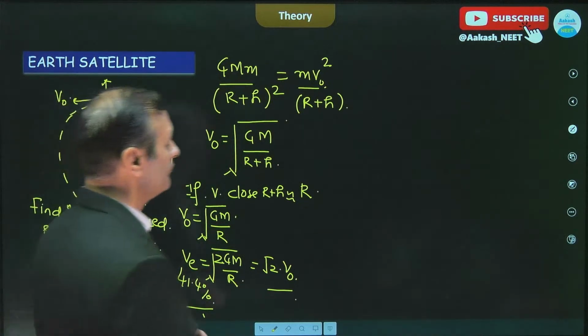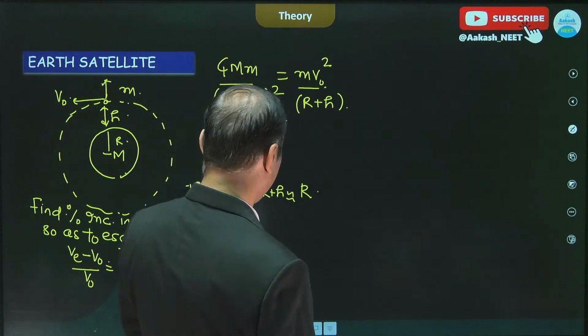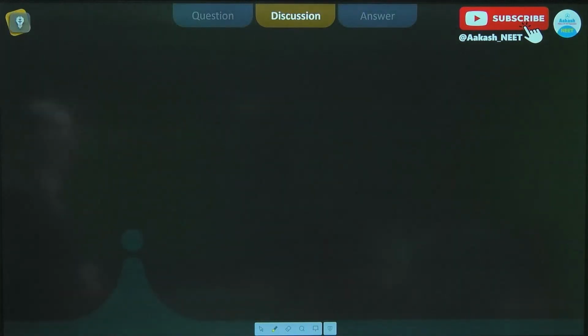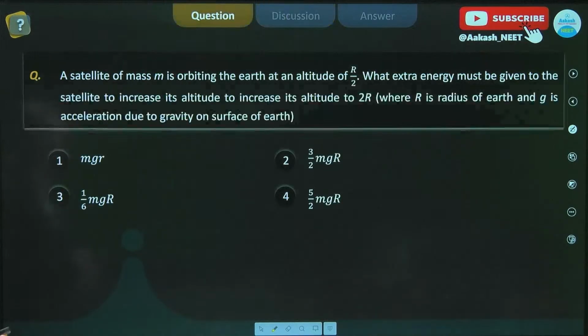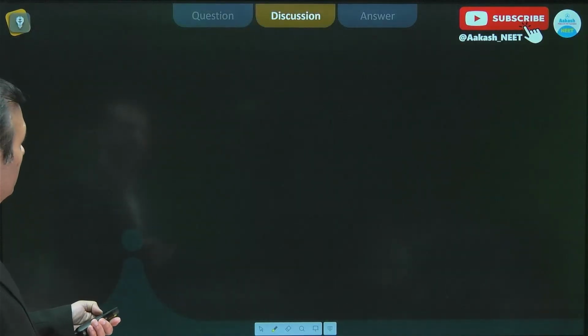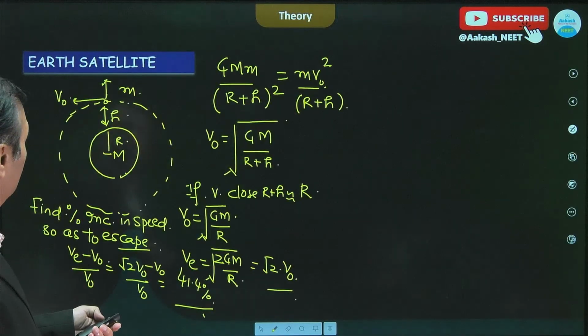Got it? So this is one important area, and based on this, before that I think I need to calculate the energy also.